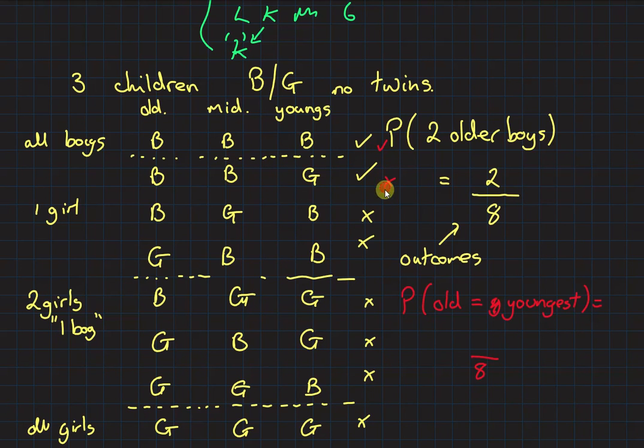No for the second line. Yes for the third line. Fourth line, no, because we've got a girl boy. I'm only looking at these 2 outermost ones. No for the next one. Yes for 2 girls. Girl boy, no. And yes for 2 girls on the outside again. We've got 1, 2, 3, 4. Yeah, in half the cases the oldest and the youngest are the same gender.